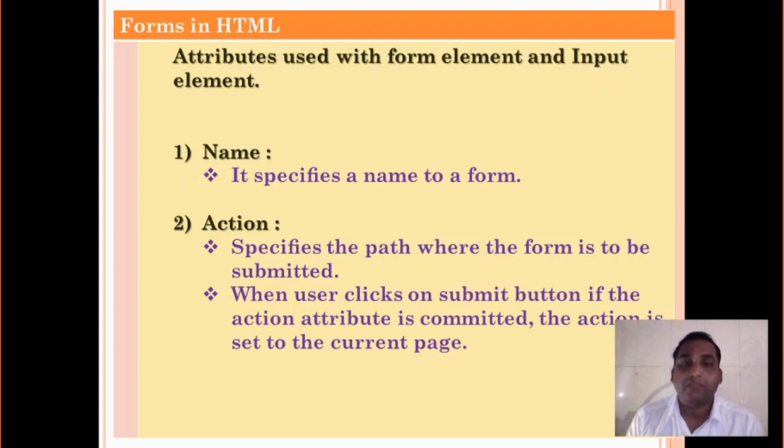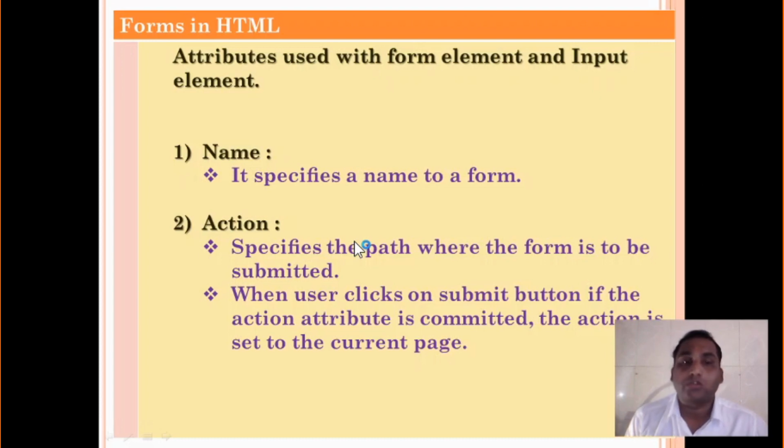Action specifies the path where the form is to be submitted. With the help of action, we need to specify where the form is to be submitted. When the user types in the data in the form controls, where should that data go? The place where it should go, that file name or path, is to be specified.